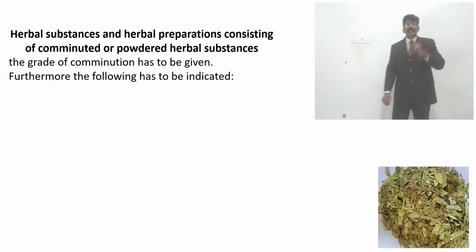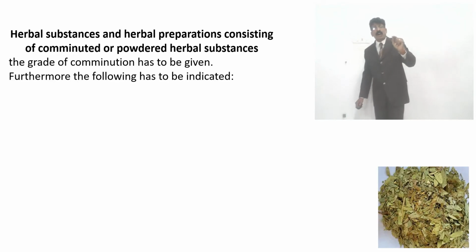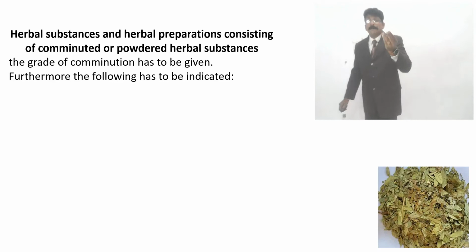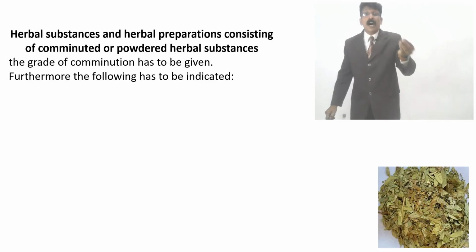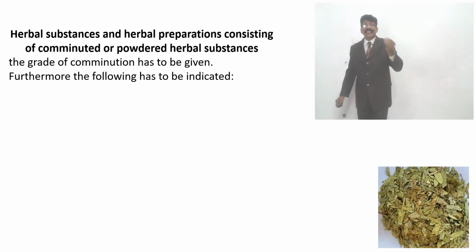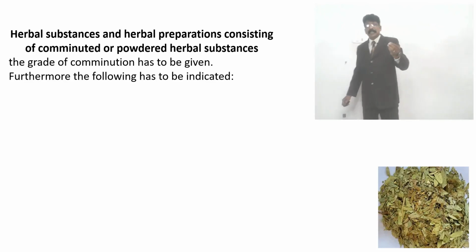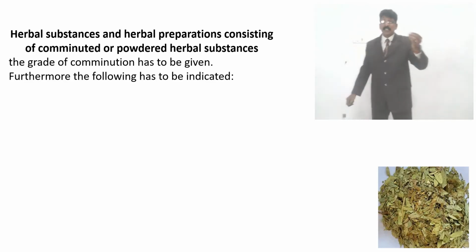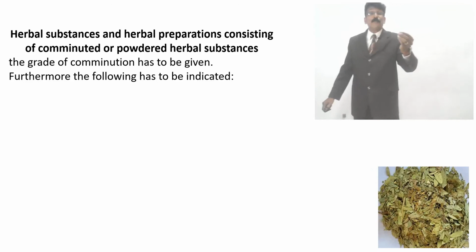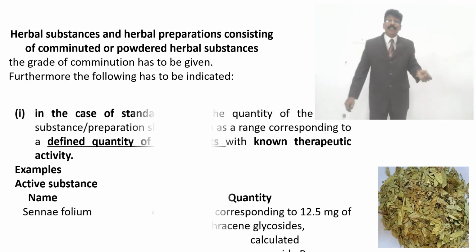Herbal substance and herbal preparation consist of comminuted, that means powdered, size-reduced herbal substance. The grade of comminution, the grade of the powder material, has to be given with the following indication.